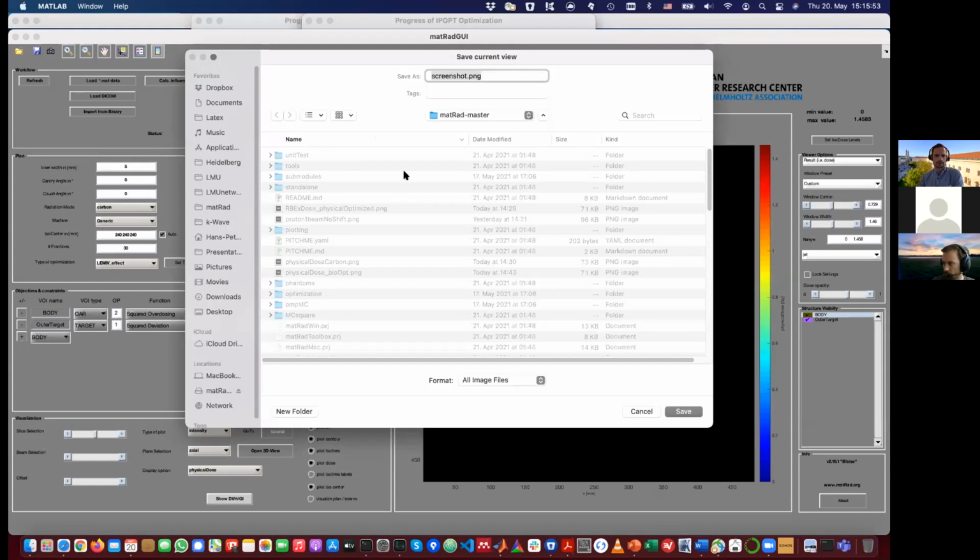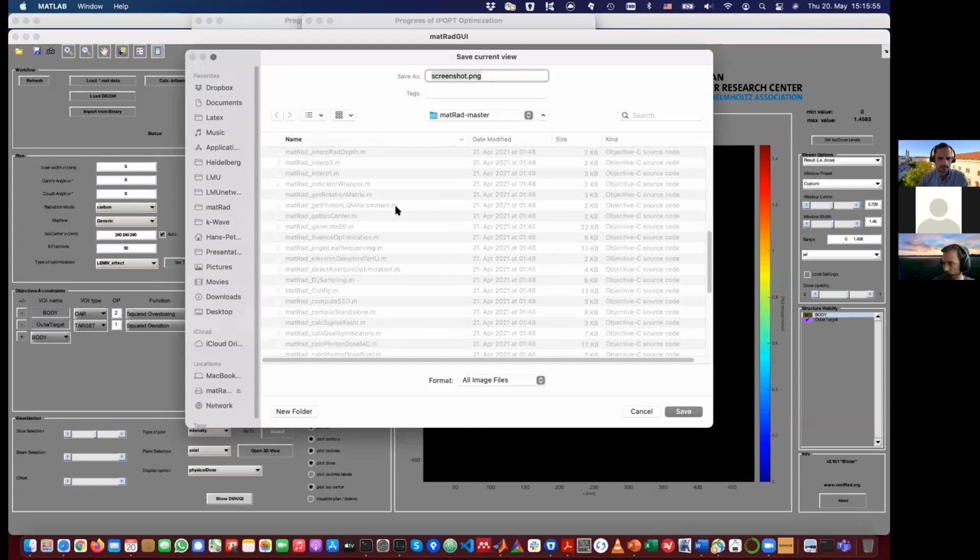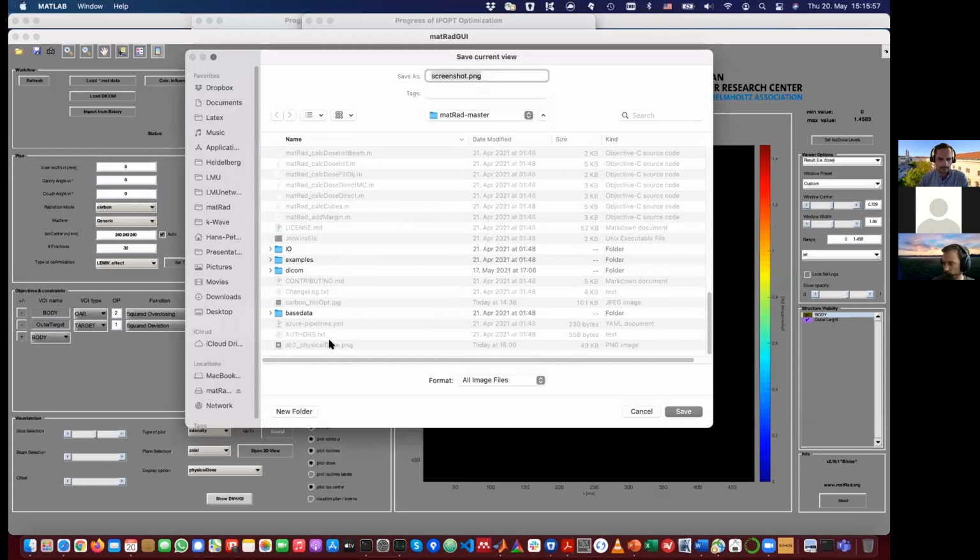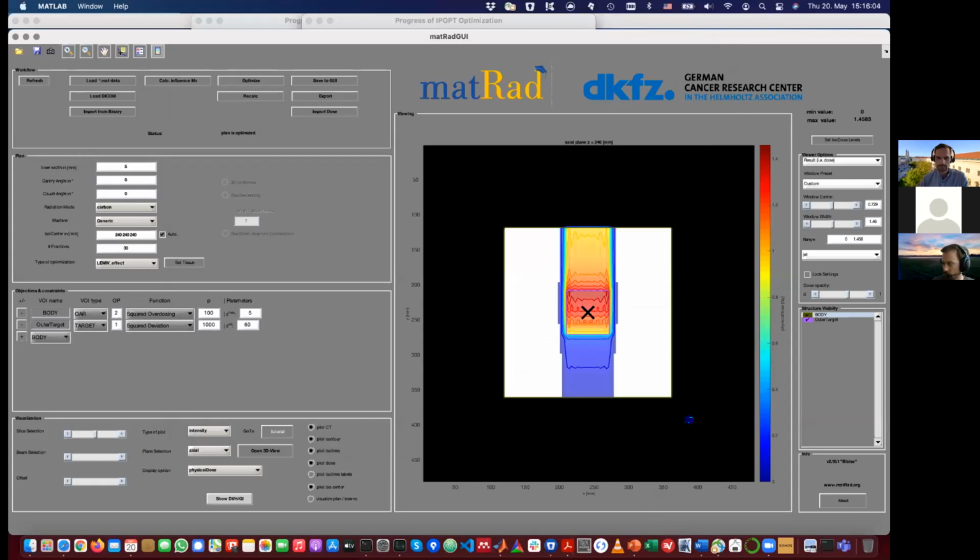Take a screenshot, and I call it AB10 physical dose. And I will just open the images. Just give me 1 second.